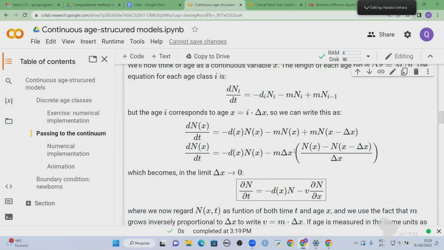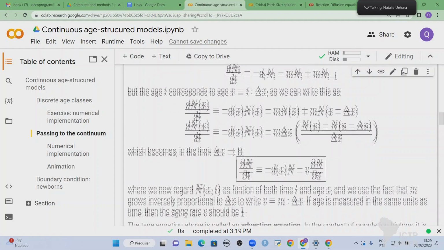So with this, as delta x goes to 0, the expression in parentheses is exactly the definition of the derivative of n with respect to x, okay? And now I can think of n as a function of both x and t, so I have to use partial derivatives, because n is now a function of two variables, but I have pretty much what I had before.